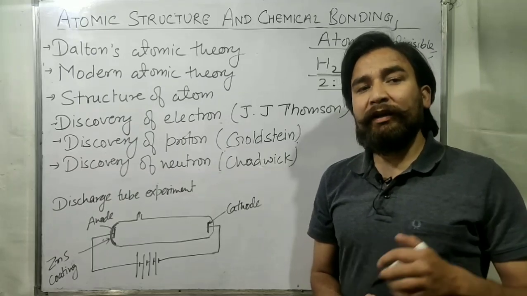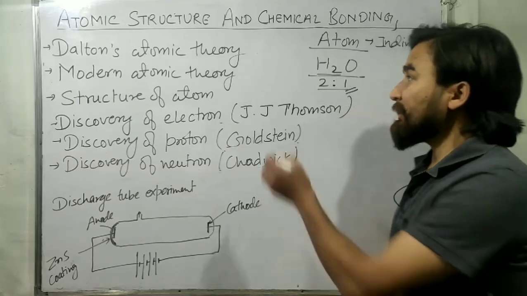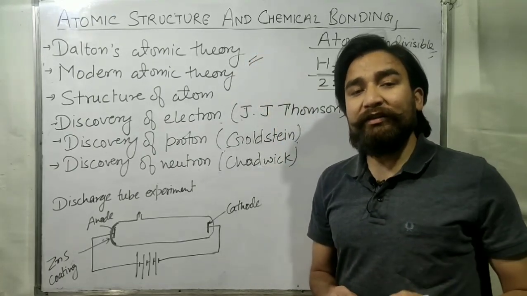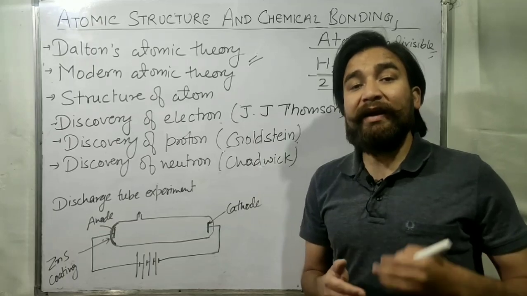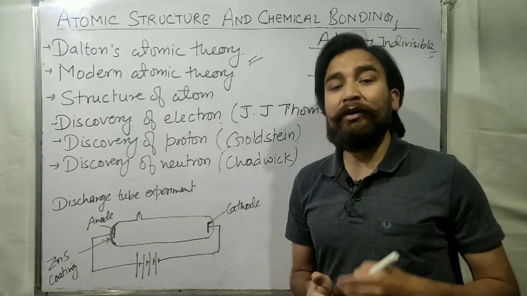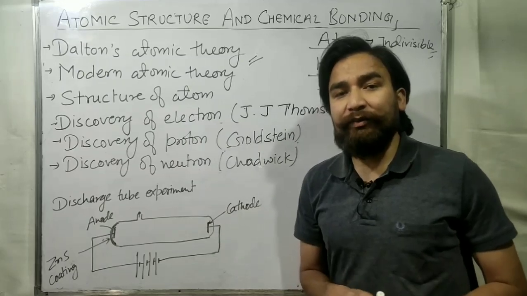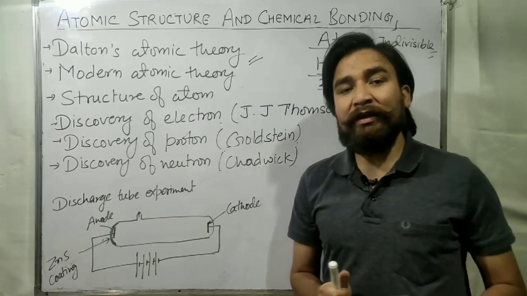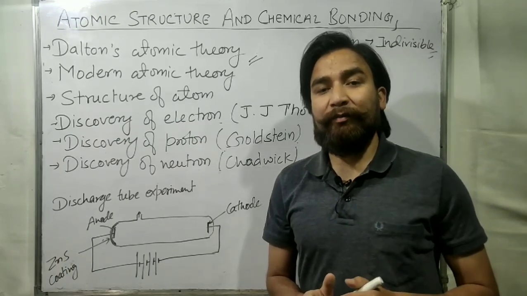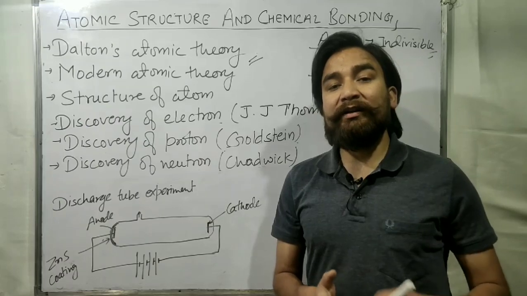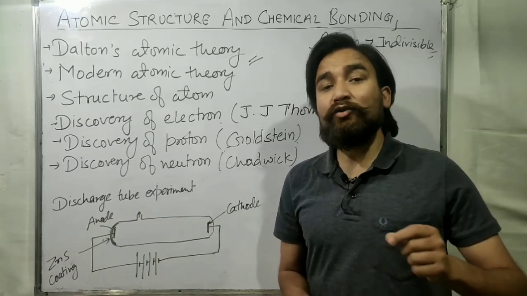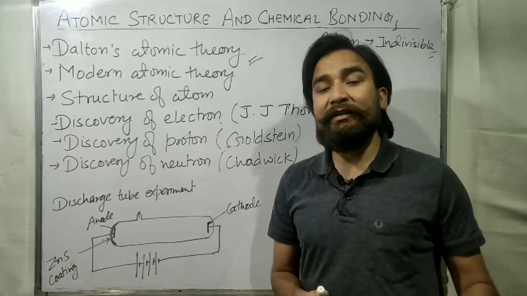Now the question is, do we accept Dalton's atomic theory? The answer is no. The problem with Dalton's atomic theory is that many assumptions which were taken in Dalton's atomic theory were not completely right. For example, the first assumption, which was that atom was indivisible, is completely wrong, because after that we realized that atom can be divided further and there are so many smaller particles present within the atom.